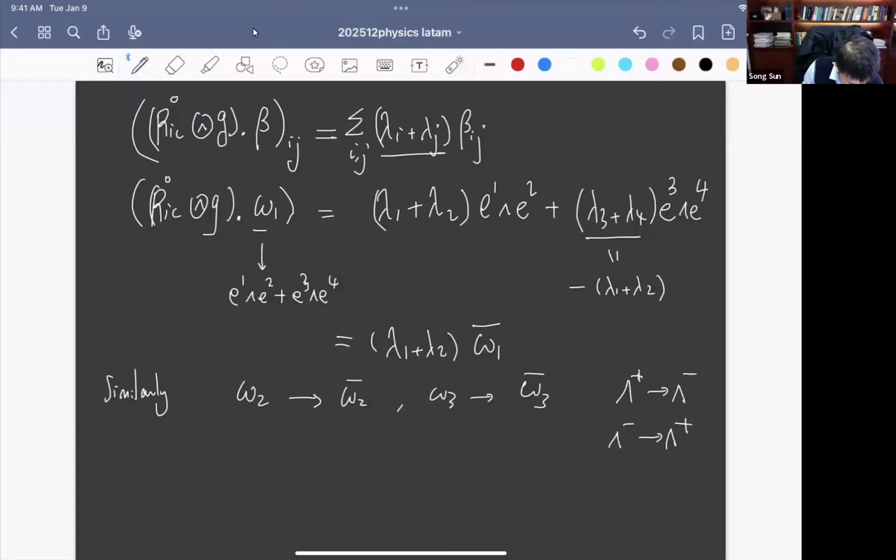Next, the Weyl curvature. This is a little more complicated, but we can also do it. What this says is that the Weyl curvature maps lambda plus to lambda plus and lambda minus to lambda minus, so it preserves the duality type, and it's trace free.